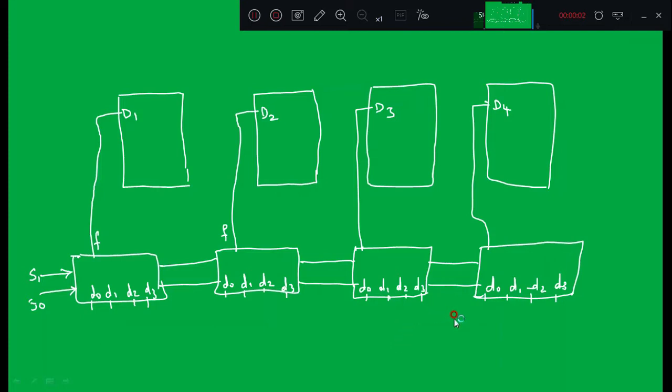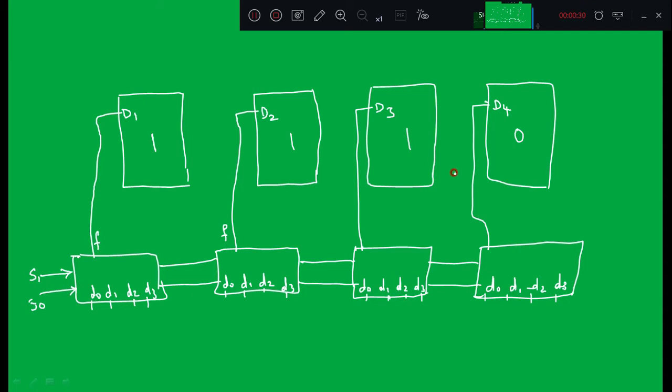In the last slide, we were discussing the universal shift register, and we were left with only one operation, that is the shift left operation, right? So in the last example, I considered the initial value loaded in these flip flops, 1 1 1 0, right?